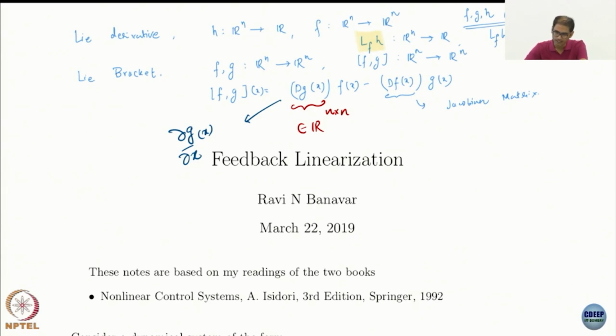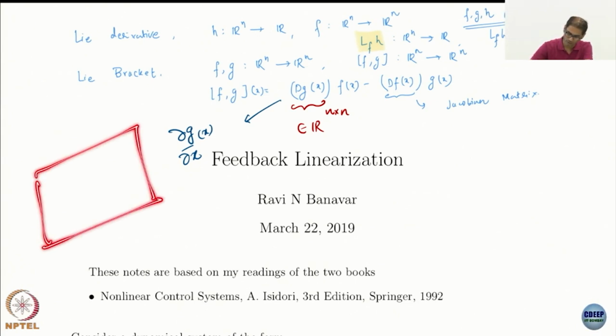So if you take the Lie bracket of two vector fields, you get another vector field. What is a vector field? It is just giving you vectors as functions of state. That's why it's called a vector field. If you take this space and you have these many points, at every point I get a vector.